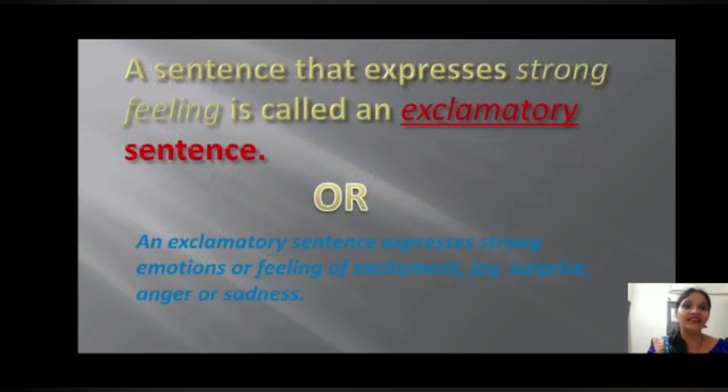We'll move to the next slide. The next one is exclamatory, the fourth sentence type. A sentence that expresses strong feelings is called an exclamatory sentence. It expresses strong emotions or feelings of excitement, joy, surprise, anger or sadness.